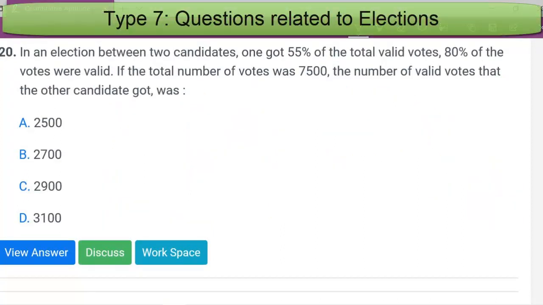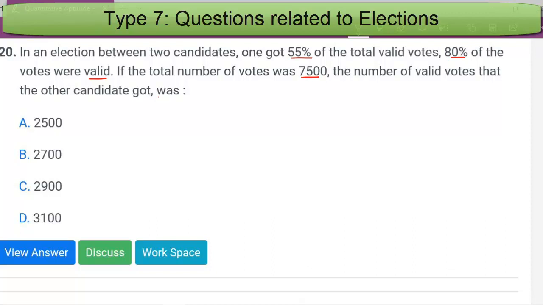So here we have a different type of question, which is based on the election of two candidates. Such questions are also asked in different exams, right? The question says: in an election between two candidates, one got 55% of total valid votes, and 80% of the votes were valid. If the total number of votes was 7500, the number of valid votes that the other candidate got was?